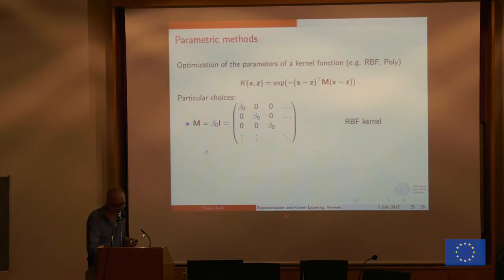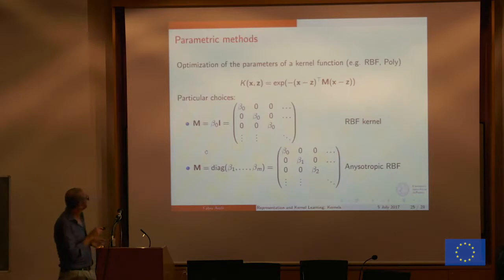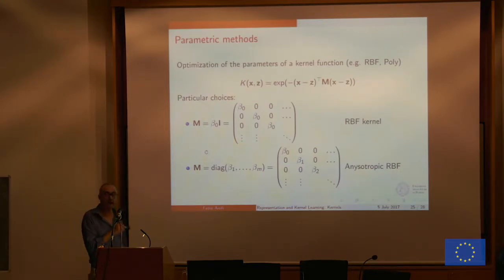But also you can just say that M is of diagonal form. So in this case you have n parameters, where n is the number of dimensions. You can call this version anisotropic radial basis function, because each dimension has a different parameter to tune.